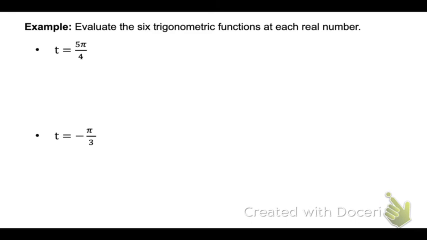Okay, 5 pi over 4. Looking at your circle, 5 pi over 4, you should know it's a 45, right? 5 is 1 more than 4, so that's in the third quadrant.